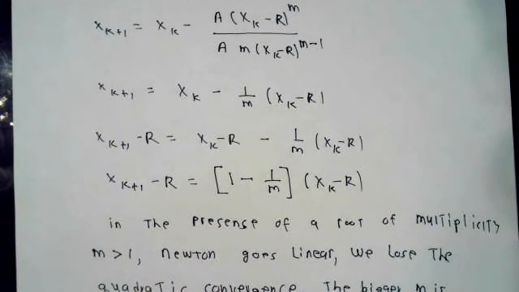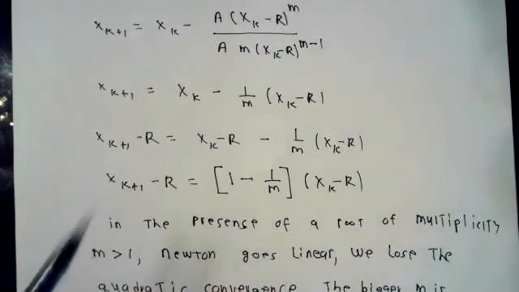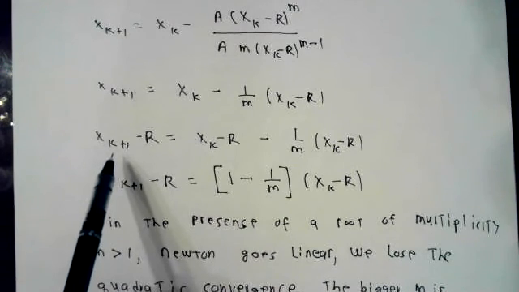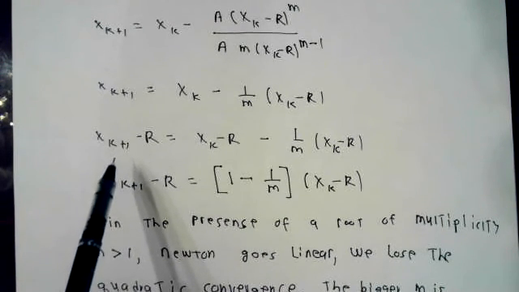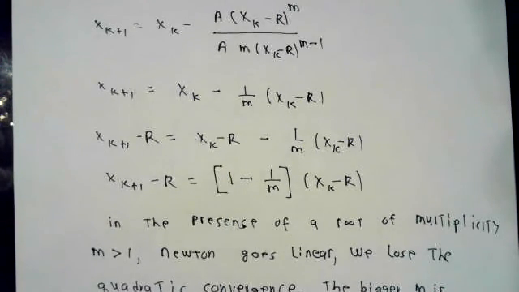I want to relate the errors. So I'm going to take this formula and subtract r from both sides. Here I'll just have x number k plus 1 minus r. Over on the other side, I'm going to group the minus r with the xk. That's just algebra.